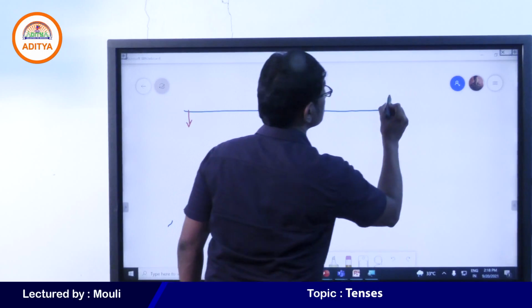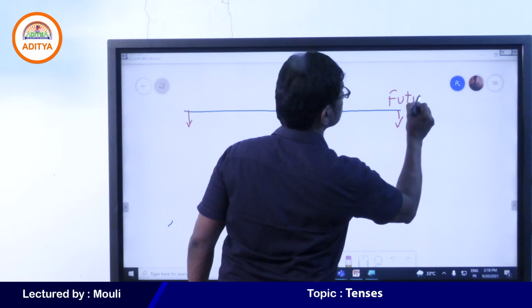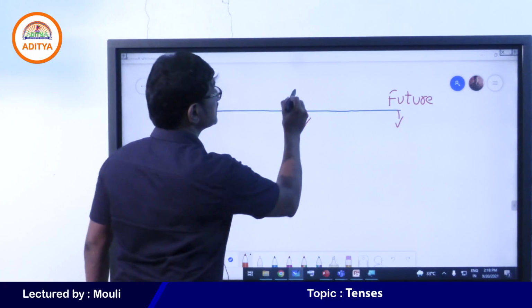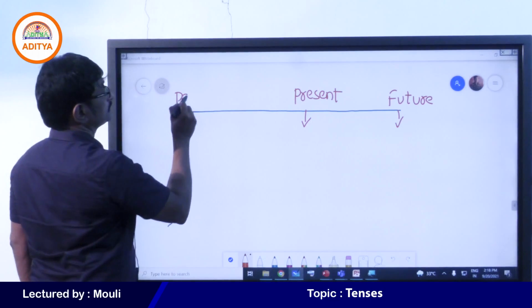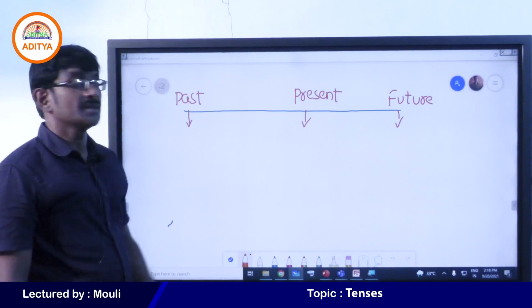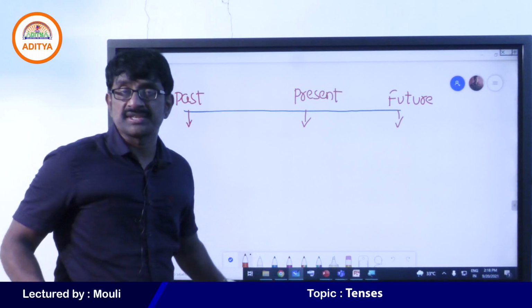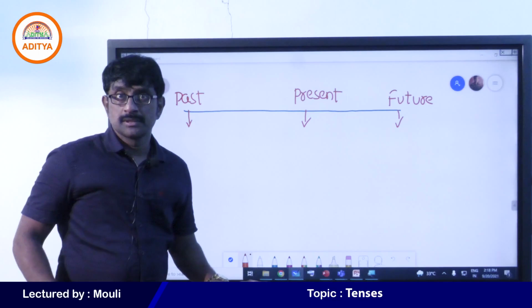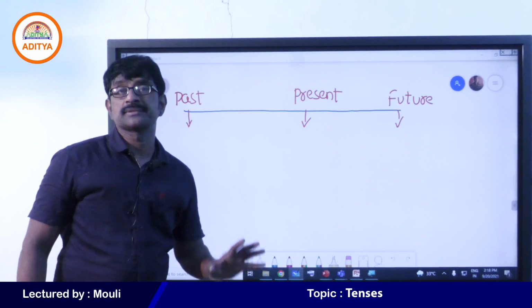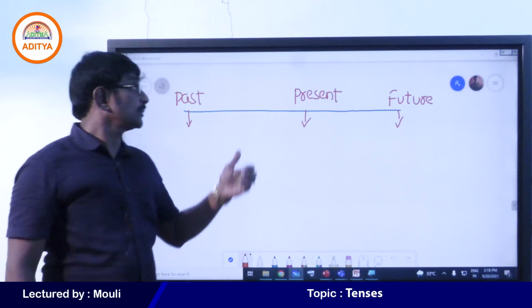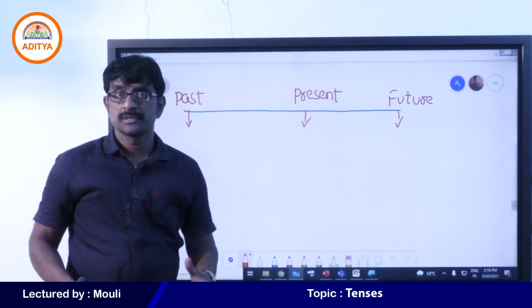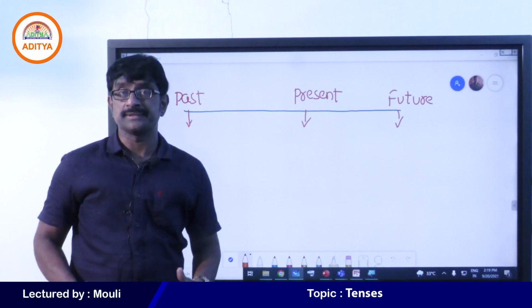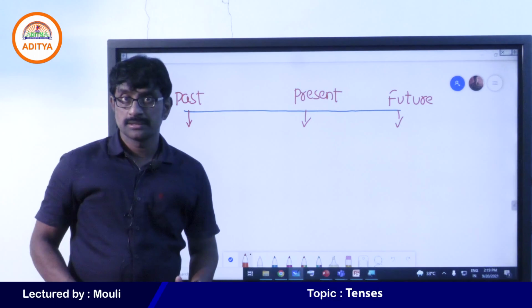You can say this is future, we don't want this, and this is present, and this is past. Future we don't touch at present. We will not touch future tense at present. We touch only present and past tenses, not future tense.